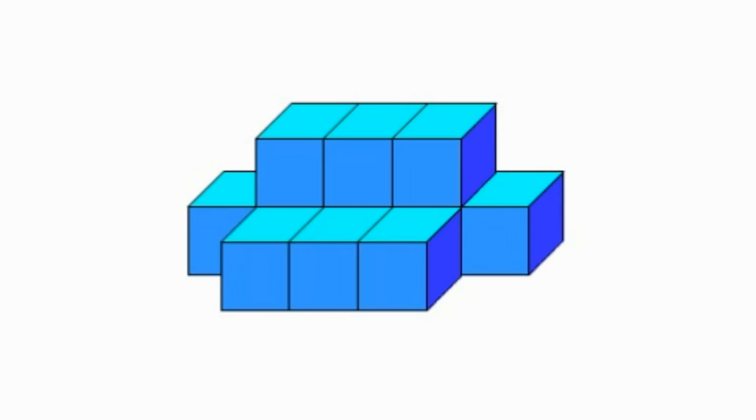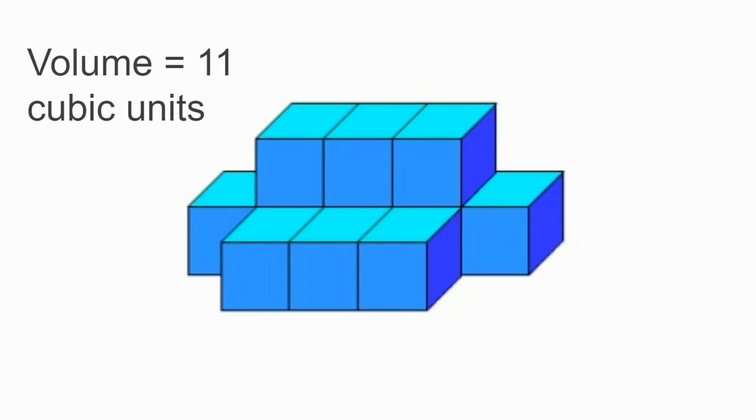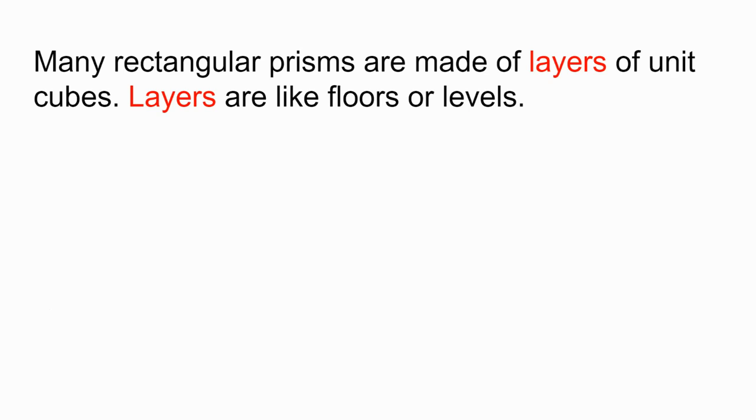How about this guy? On this one, I am not going to show you where the hidden ones are. And so the correct answer would be 11 cubic units. So there we go.